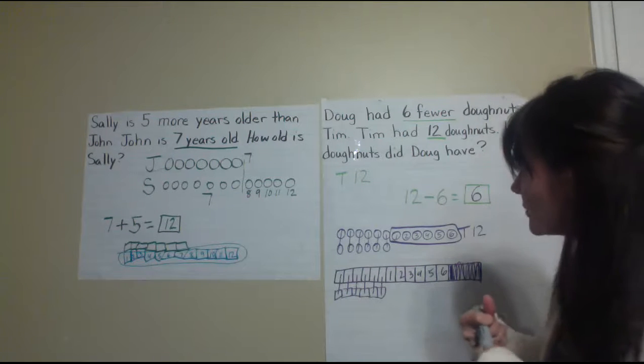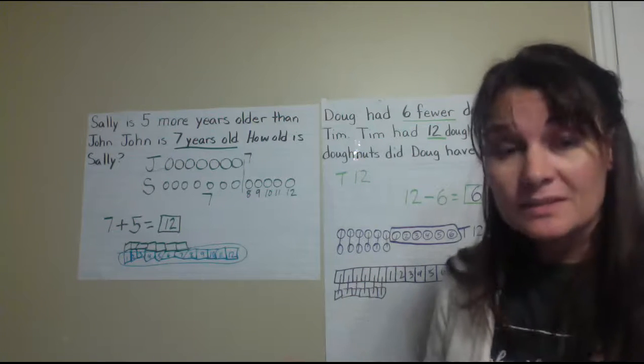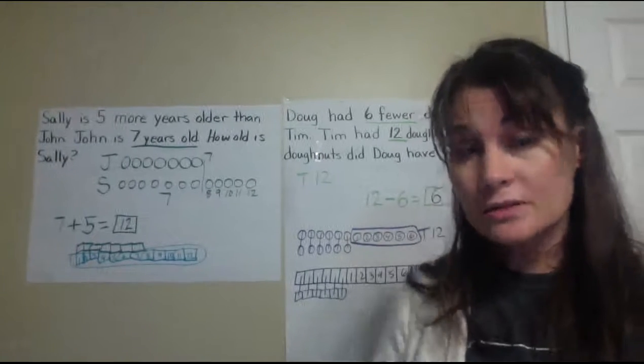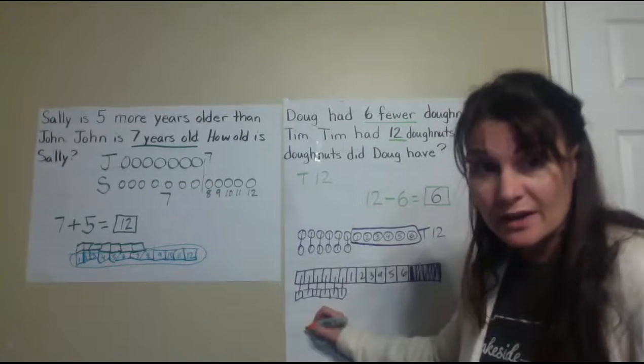If I know that I'm doing 12 minus my 6 fewer, I can also use a number line. Let's look at that.